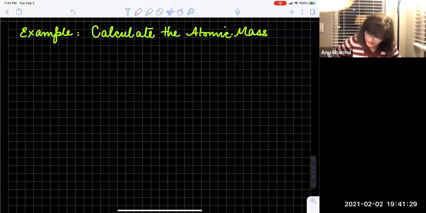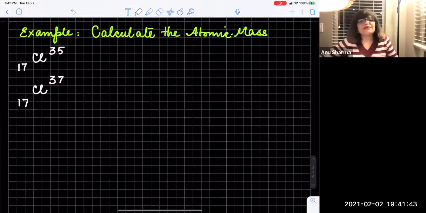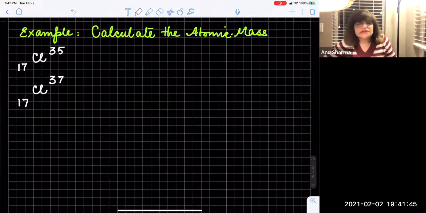And here is your chlorine. Okay, and here's chlorine 35 and 17. And this is chlorine 37 and 17. So the name of the element is chlorine. It's a gas, fine. So one of them is chlorine 35. The other one is chlorine 37.